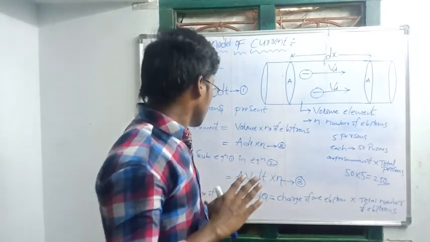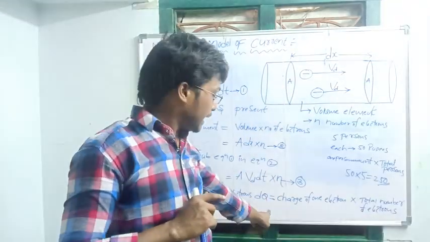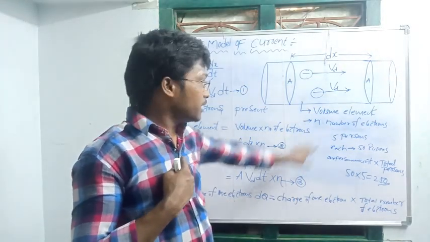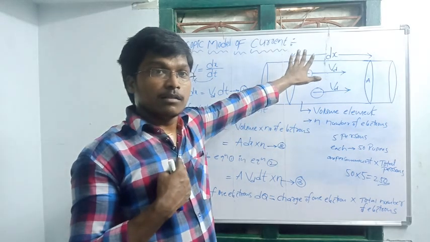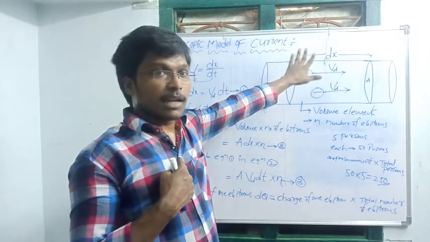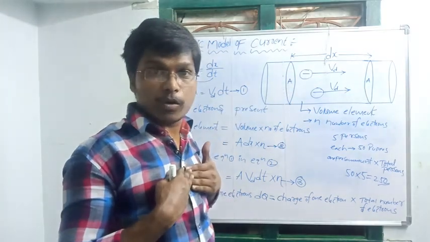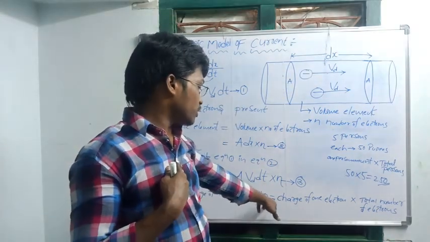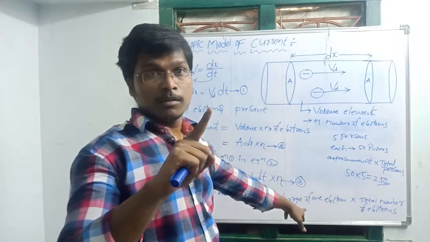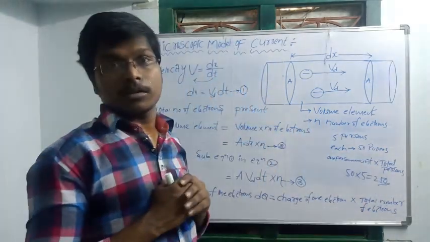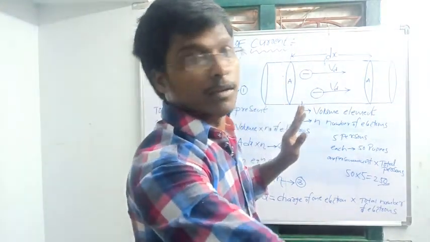Like that here also, total charge of the electrons dq is what I need in that volume element. In that volume element, electrons are there, and that electrons' total charge I need. dq is equal to charge of one electron into total number of electrons.